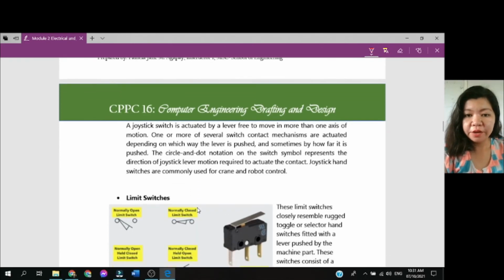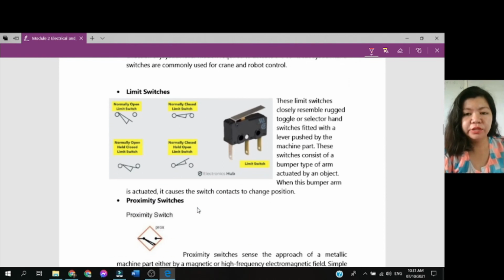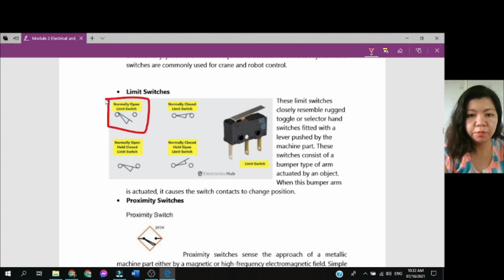So next we have here the limit switches. So this is the symbol for the limit switches. This is when it's normally open, when it is closed. Now this is how it looks like in the actual.